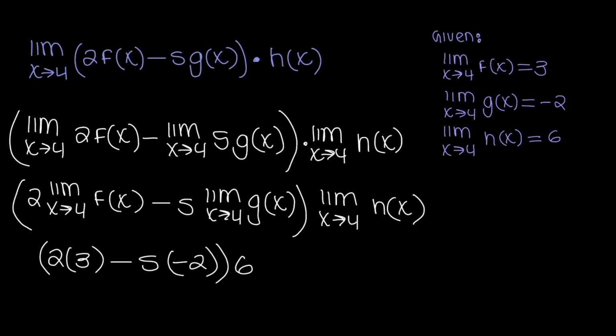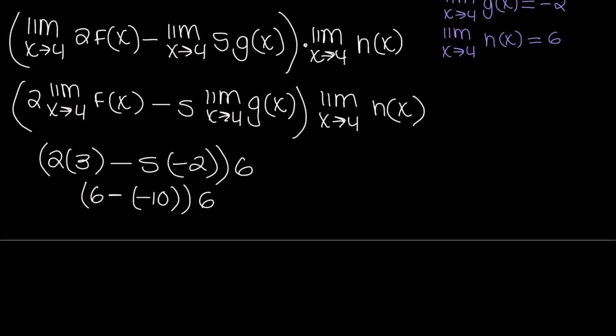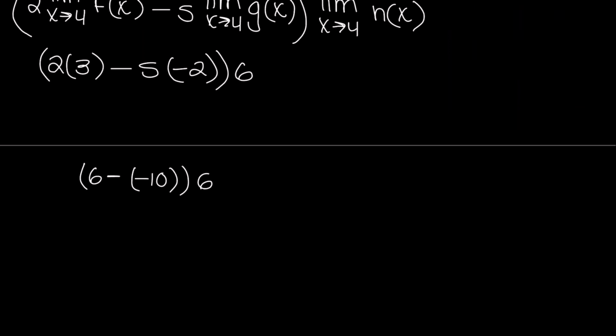So this is a 6 minus a negative 10, times 6. Then 6 plus 10, this becomes a plus, right? This is 16 times 6, which is 96. And that's how we do that limit.